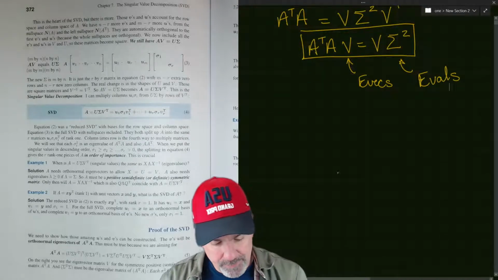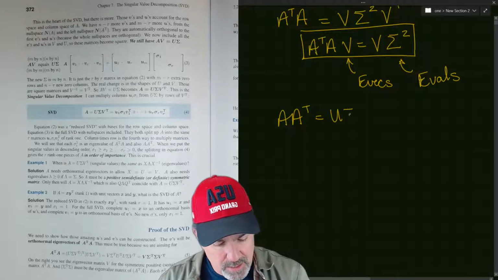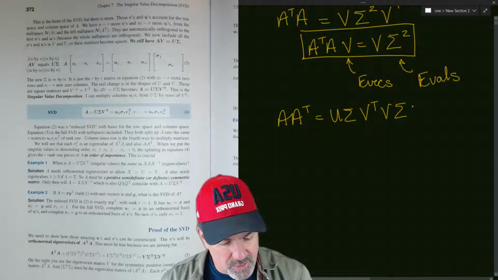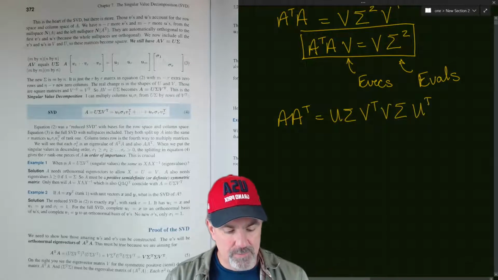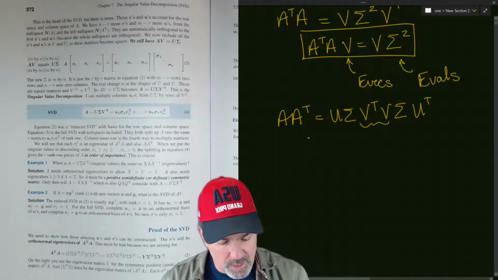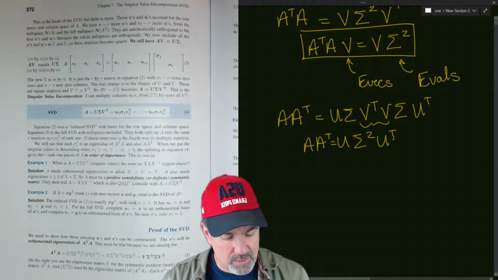So similarly, if we consider A A transpose, that's going to be U sigma V transpose V sigma transpose U transpose. So I'm just reversing the order. Again, this is the identity matrix, and where we end up is A A transpose equals U sigma squared U transpose.